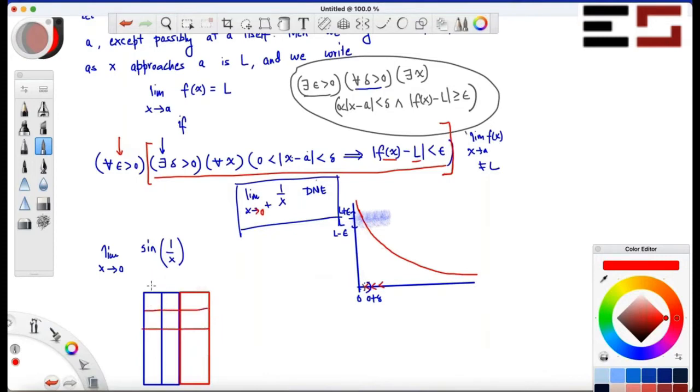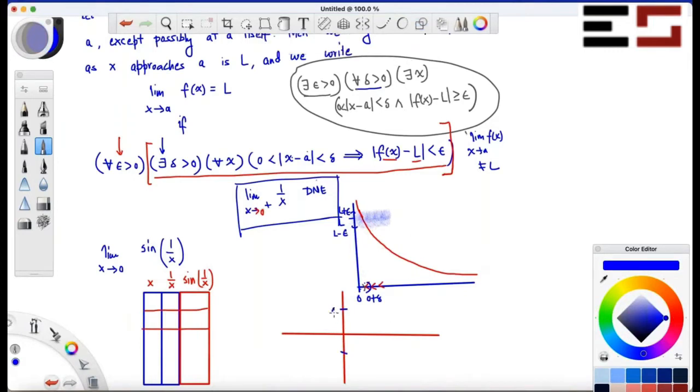Okay, so what I'm going to do is I'm going to put x here, I'm going to put 1 by x here, and I'm going to put sine 1 by x here. Okay, so if you recall, sine looks like this. So it's always going to lie between -1 and 1.